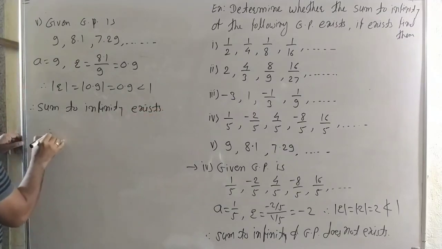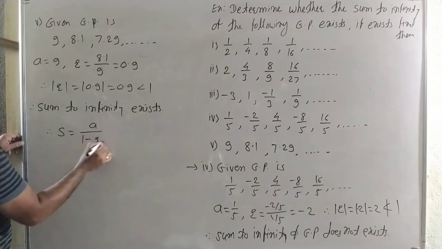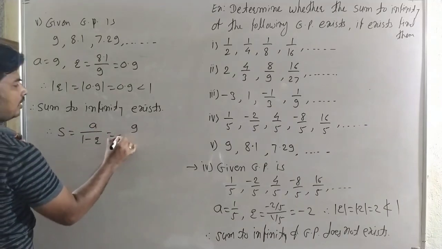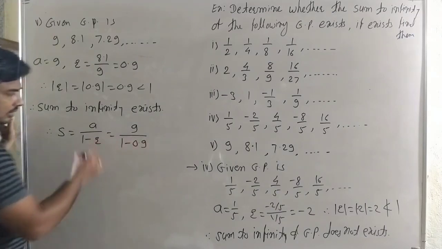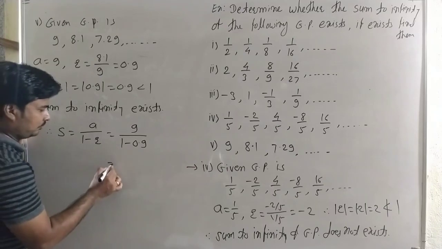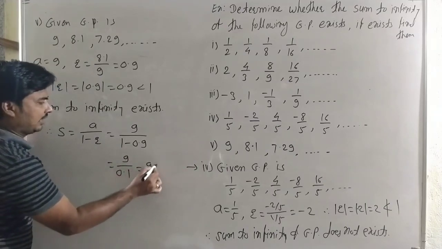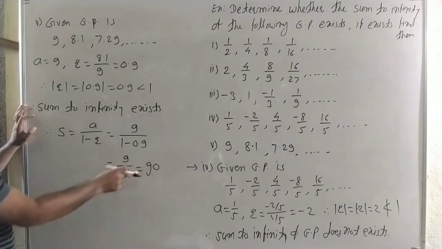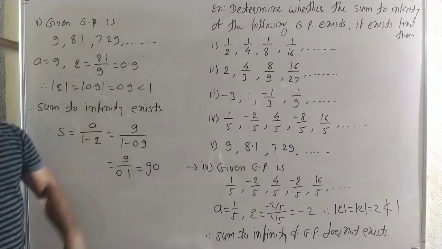And therefore A upon 1 minus R, A is 9, so 9 upon 1 minus 0.9. See carefully the calculation. Then 9 upon 0.1, and that means 90. It is the sum of the infinite terms in this geometric progression.